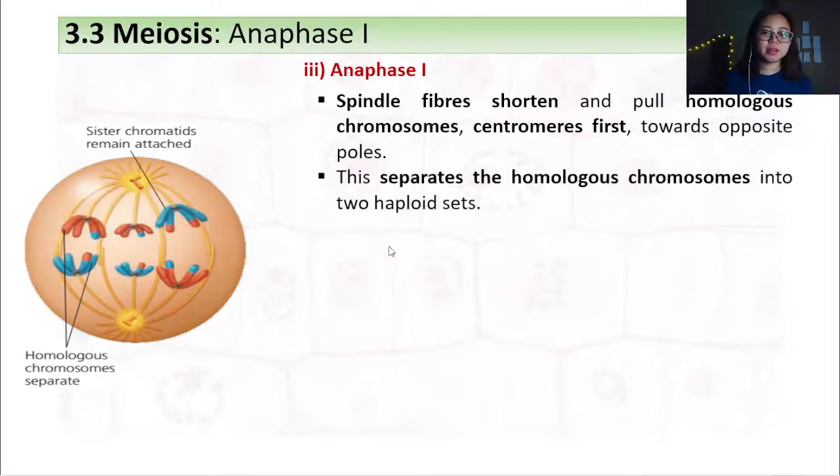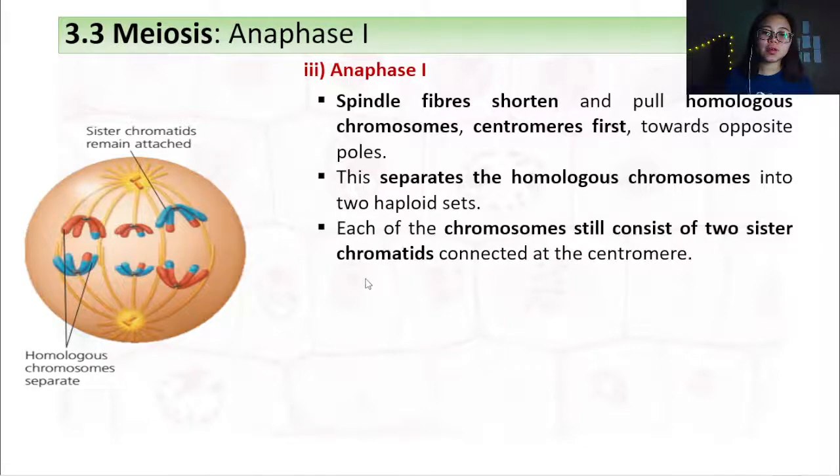Okay, so this will separate the homologous chromosome into two haploid sets. Okay, so sekarang dia akan separate. Nanti disebabkan dia kasih pisah macam ni, nanti kita punya daughter cell akan ada haploid sudah. Itu maksud ayat kedua. Okay, ayat ketiga.